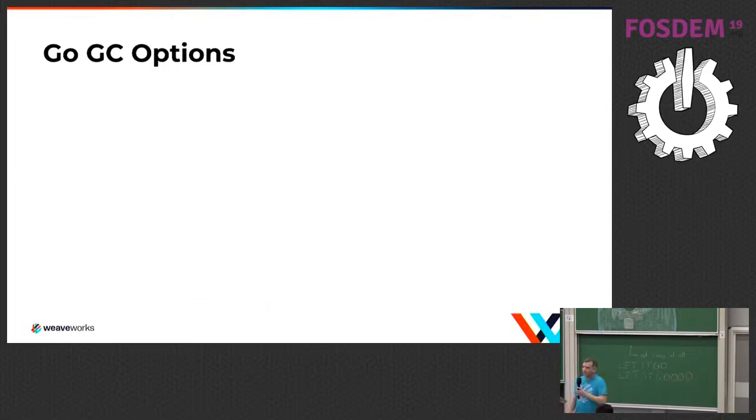Let's look at the list of options you get to tune the garbage collector in Go. You ready? There is one option. I signed up to do a 30-minute talk about one option. 25 minutes, okay. And actually the timer's not running, so who knows how long this takes.